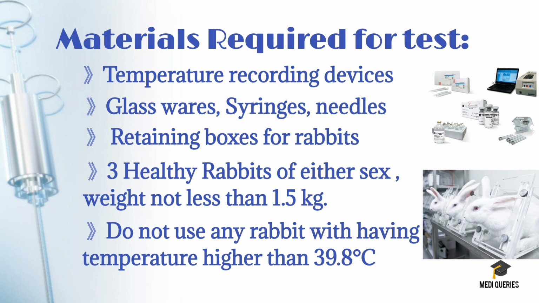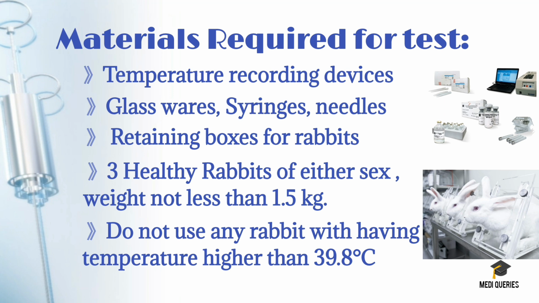The animal must be put in the box 1 hour before the test and remain in them throughout the test. Ensure that the room temperature where the test is carried out is within 3 degrees centigrade of the place where the rabbits have been kept for at least 18 hours before the test. Or withhold the food from the animal overnight and until the test is completed, and also withhold the water during the test.